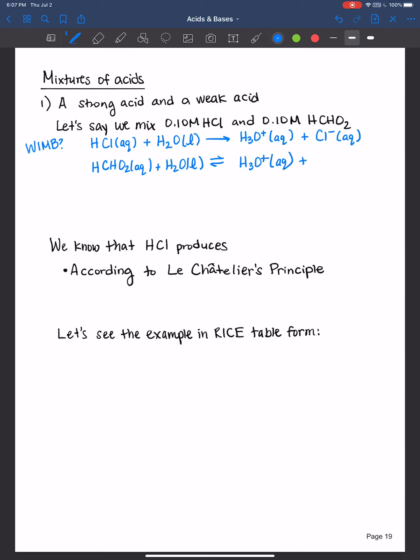And then the conjugate base of formic acid, which is formate, has a -1 formal charge. So that's also happening in your beaker, as well as the autoionization of water. Remember, water is amphoteric. It can act as an acid or a base. And so this is also occurring in your beaker.